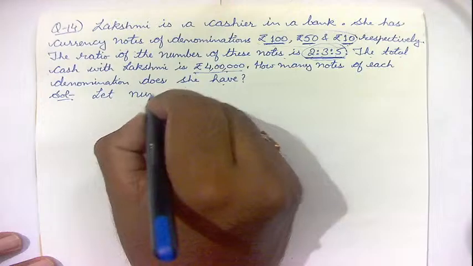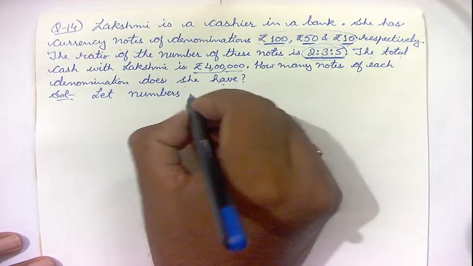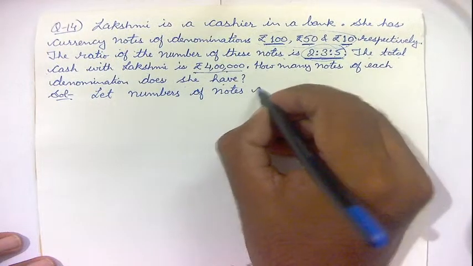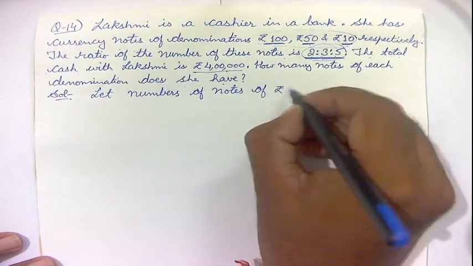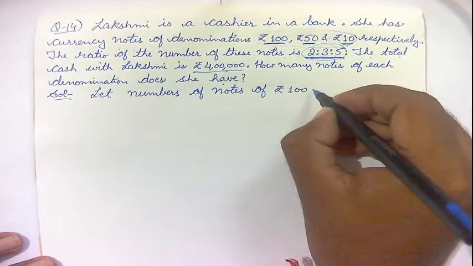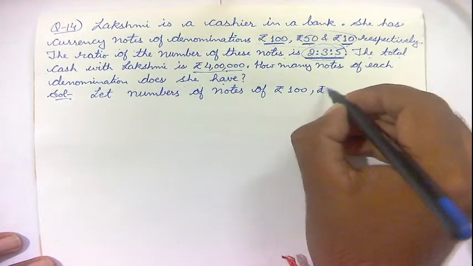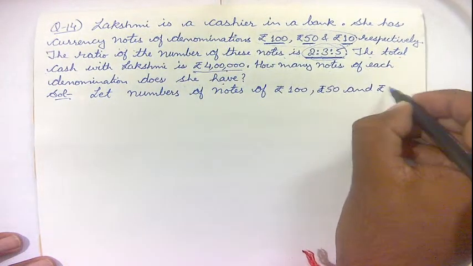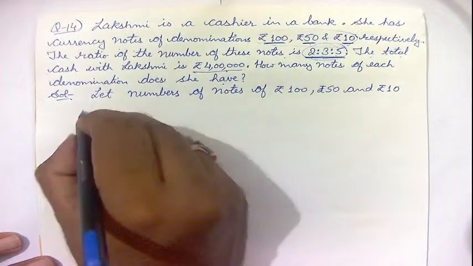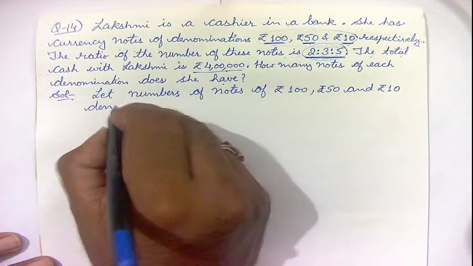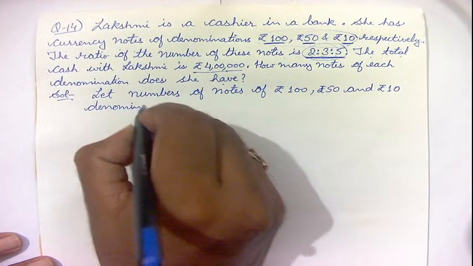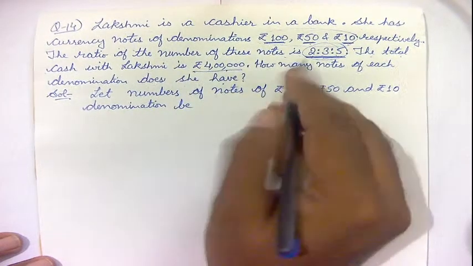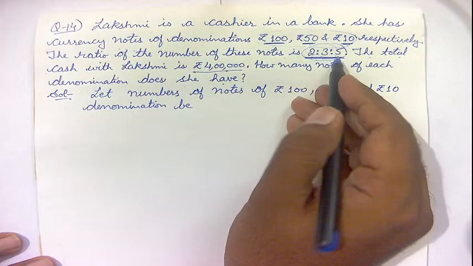number of notes of rupees 100, rupees 50 and rupees 10 denomination be, because the ratio is 2:3:5.